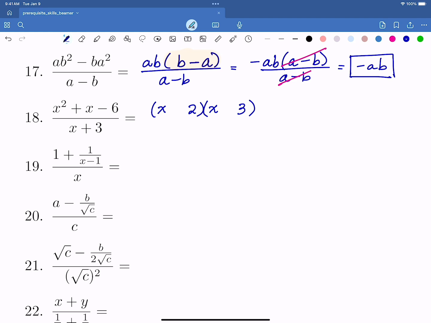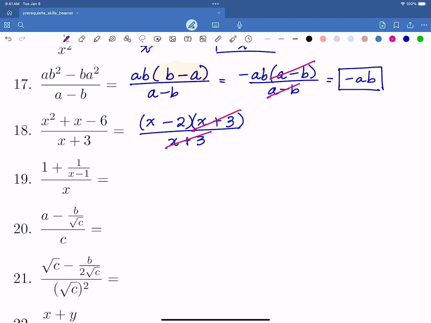I need a positive 1 when I add the inner and outer product, so this one needs to be positive and this one needs to be negative. Denominator, x plus 3. Now we have a common factor in the numerator and denominator. So we can remove the common factor, leaving us with a final answer, x minus 2.